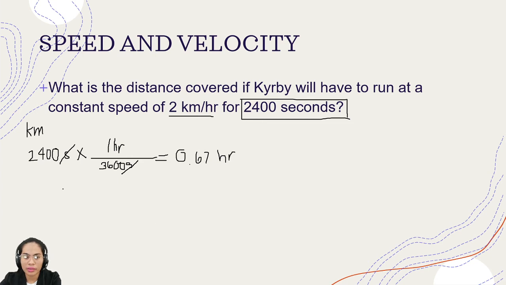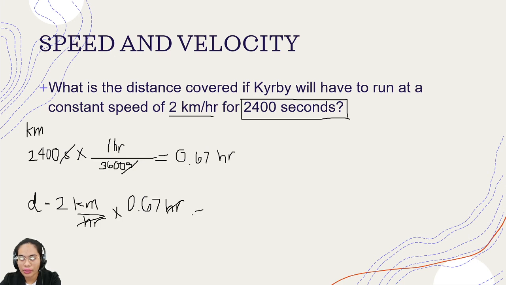So multiply na natin. Distance is equal to 2 kilometers per hour times 0.67 hours. We can just cancel the units. 2 times 0.67 is 1.34.